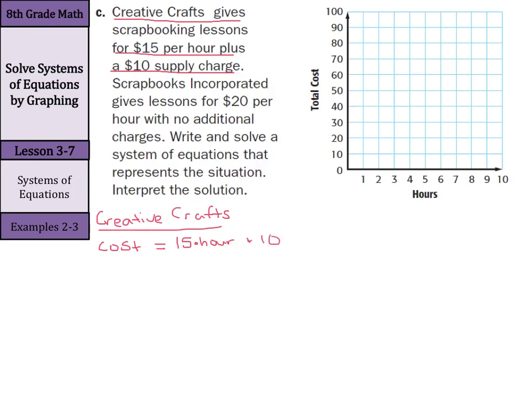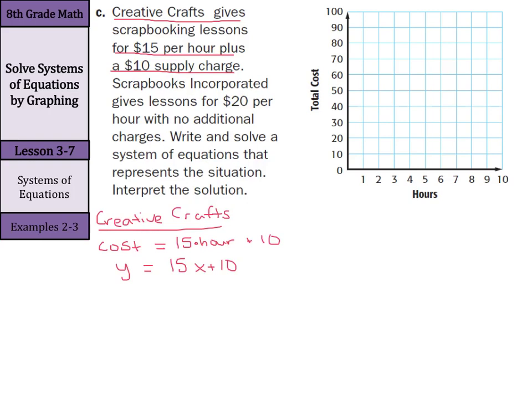So if I interpret this into an equation, this would be y equals 15x plus 10, where x is per hour. And that's the equation for Creative Crafts.